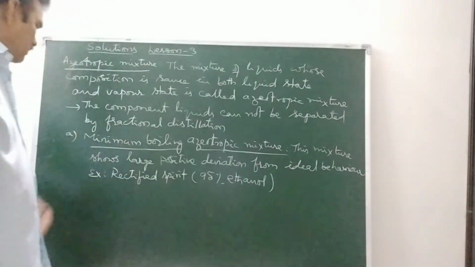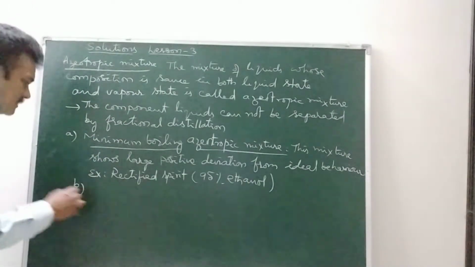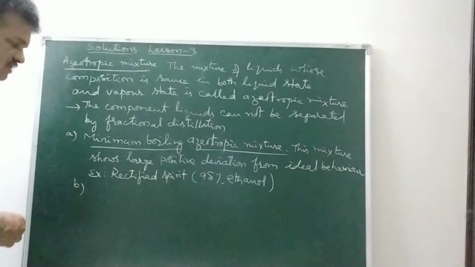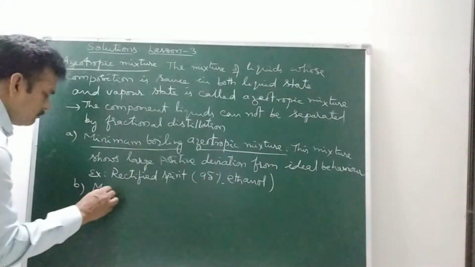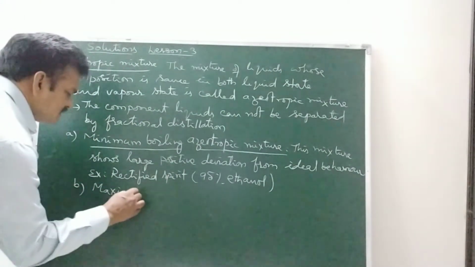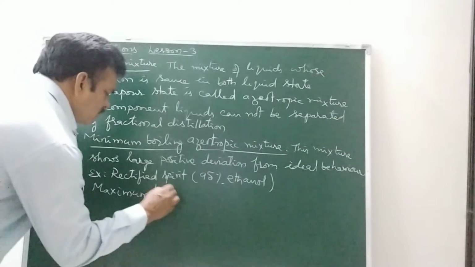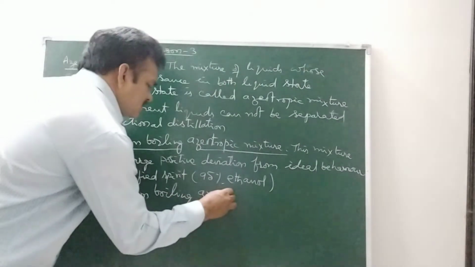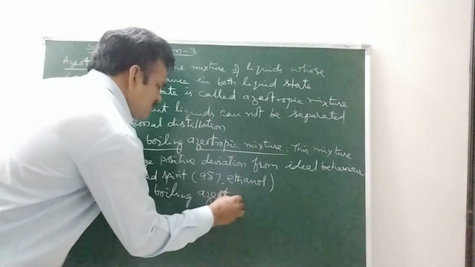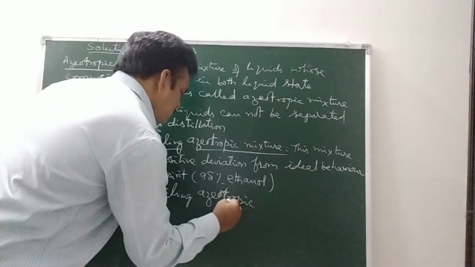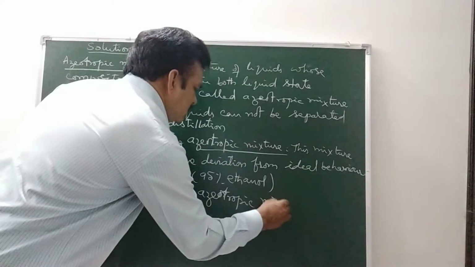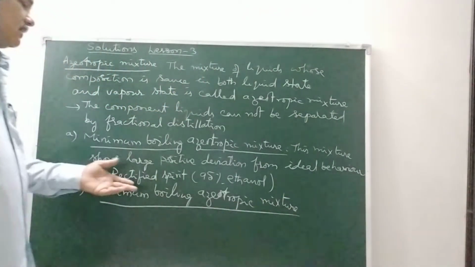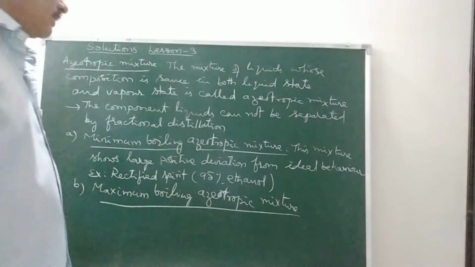Another type of azeotropic mixture is the maximum boiling azeotropic mixture.